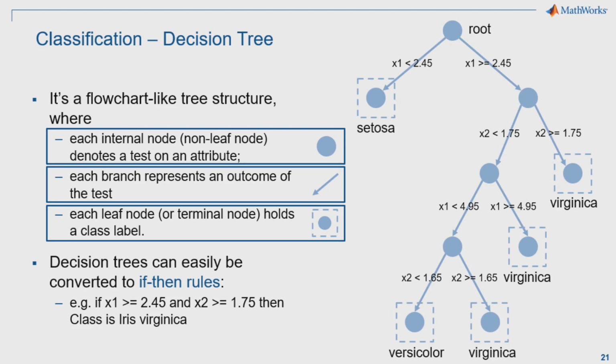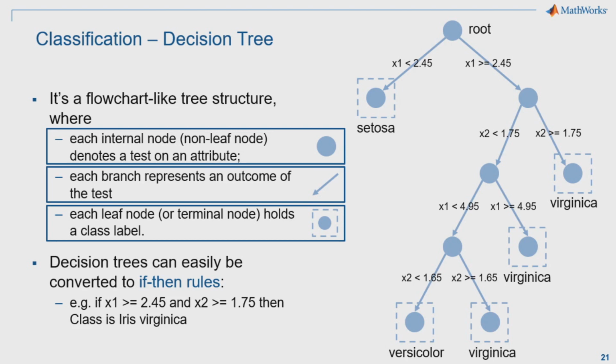If the outcome is larger, you may go in one branch. If the outcome is smaller, you may go in the other branch. Okay, so internal nodes represent a test on an attribute. Branches represent the outcome of these tests.